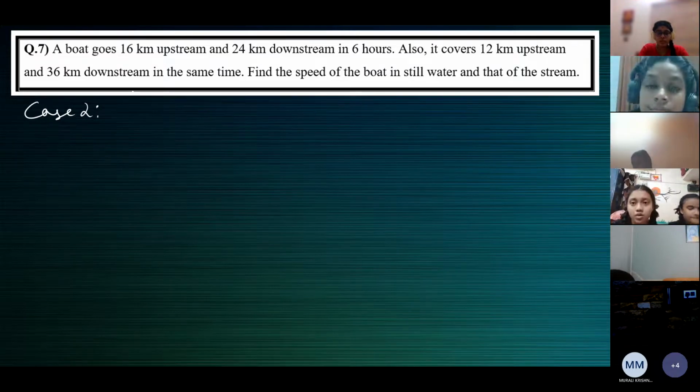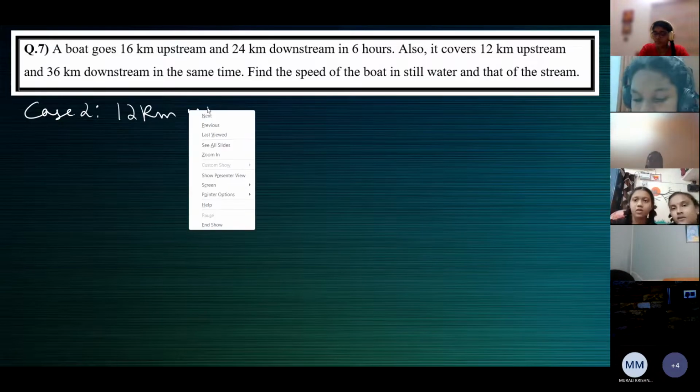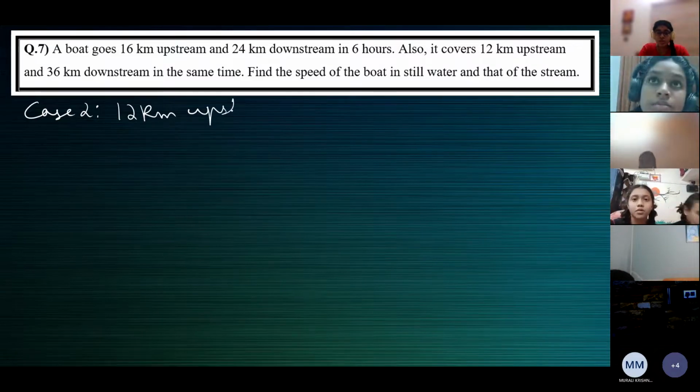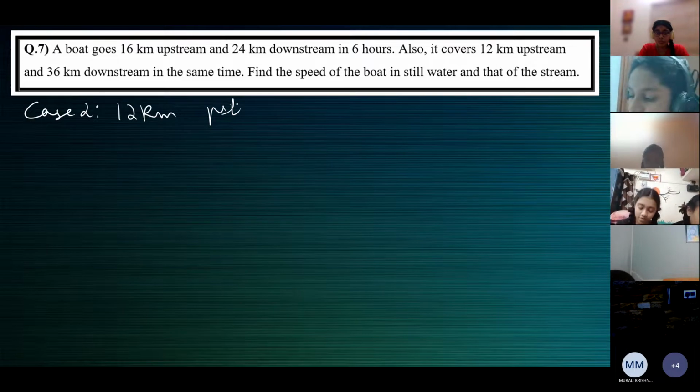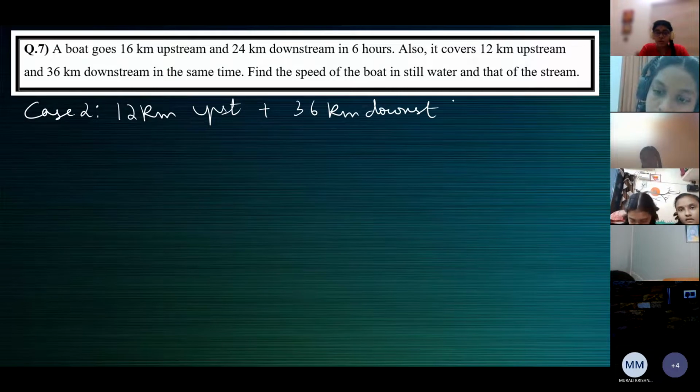Yeah, 12 kilometers upstream, plus 36 kilometers downstream, in 6 hours. In the same time, in 6 hours. Very good.